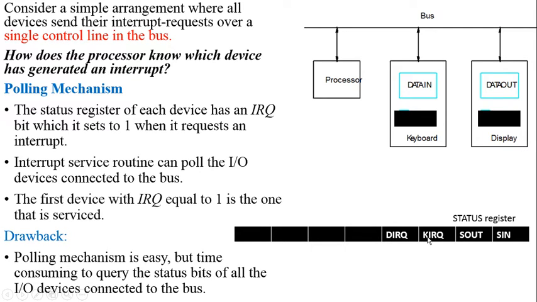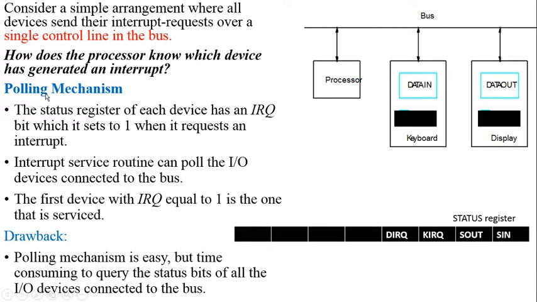If KIRQ equals 1, that means the keyboard unit has generated an interrupt request. If DIRQ equals 1, that means the display unit has already placed an interrupt request.